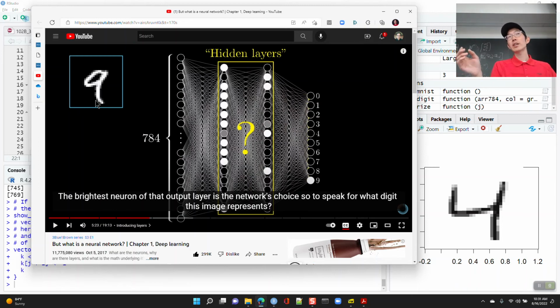Okay? Is either of those more correct or less correct than the other? Is guessing a 2 more correct or less correct than guessing an 8 if the true answer is a 9? And the answer is no. If the true answer is a 9, guessing a 2 is just as wrong as guessing an 8, as far as classifying a digit goes. However, if you have one node and you're using distance, it's going to say the 8 is more correct, or less wrong, than the 2.